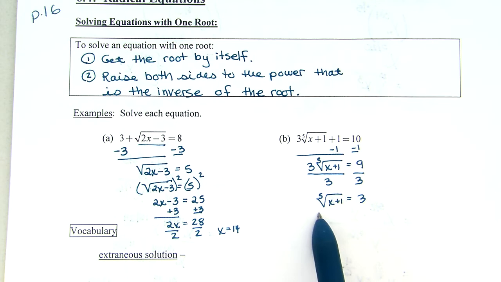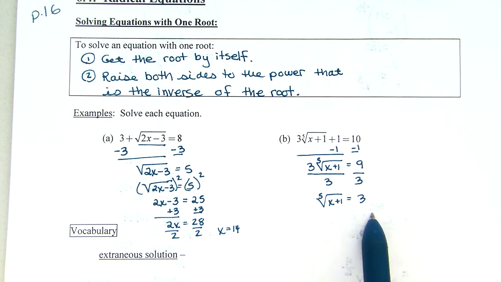Were you able to get the fifth root of x plus 1 equals 3? Get rid of the 1, get rid of the 3. Next up, hands. Sora. Yeah, exactly.